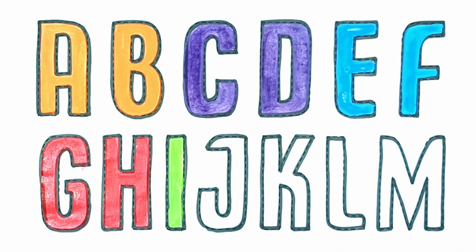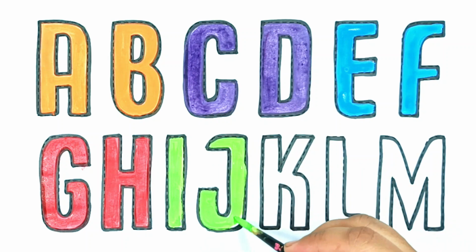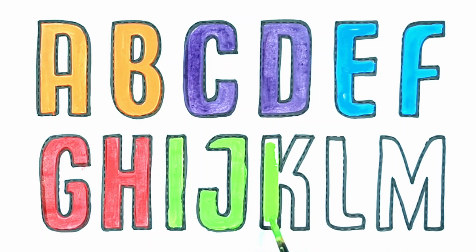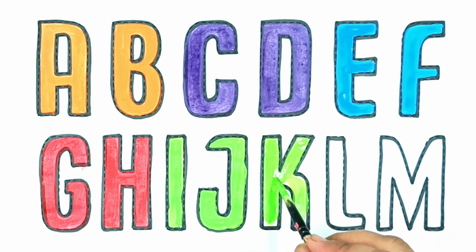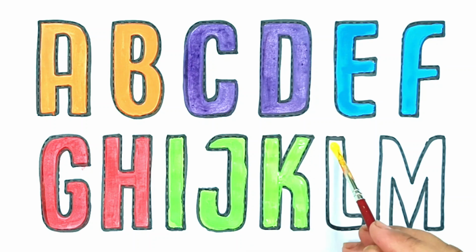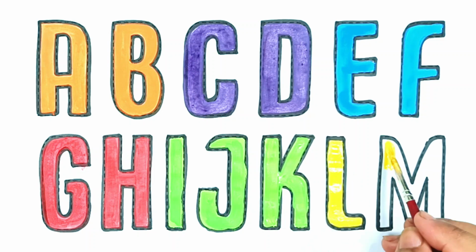I for igloo. J for jam. K for kite. L for lamb.